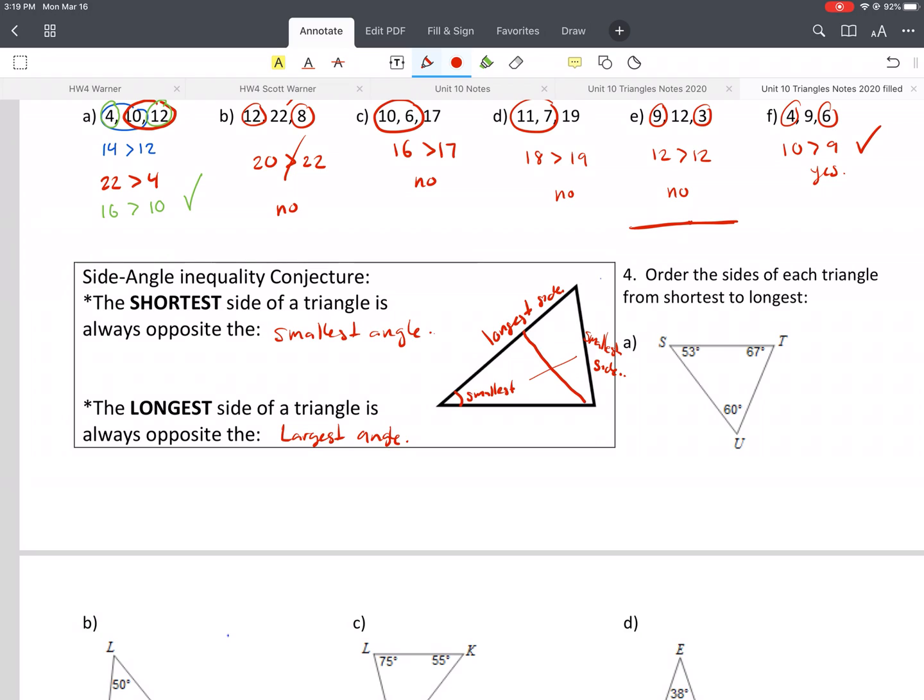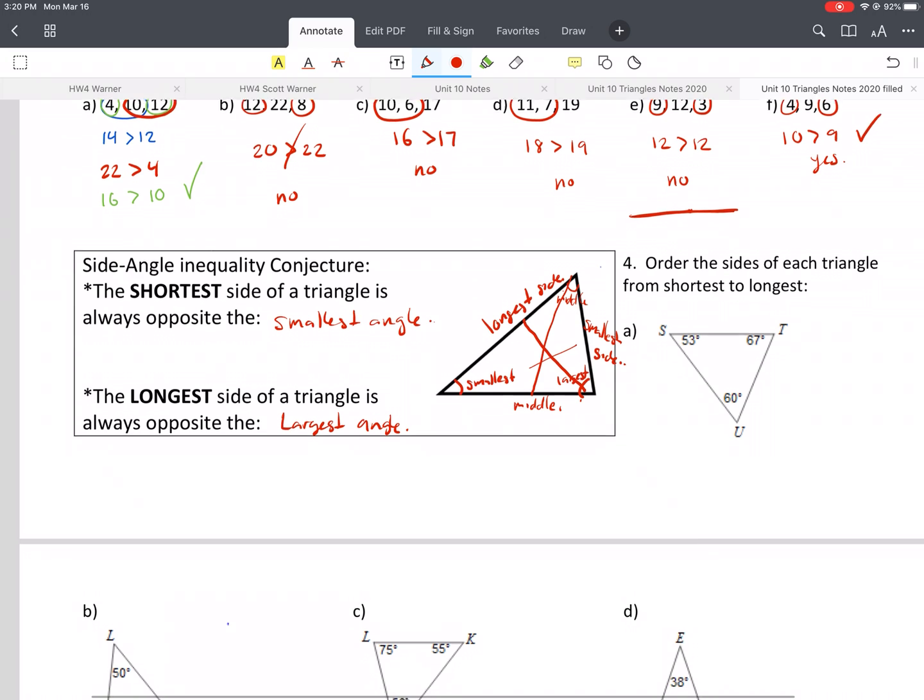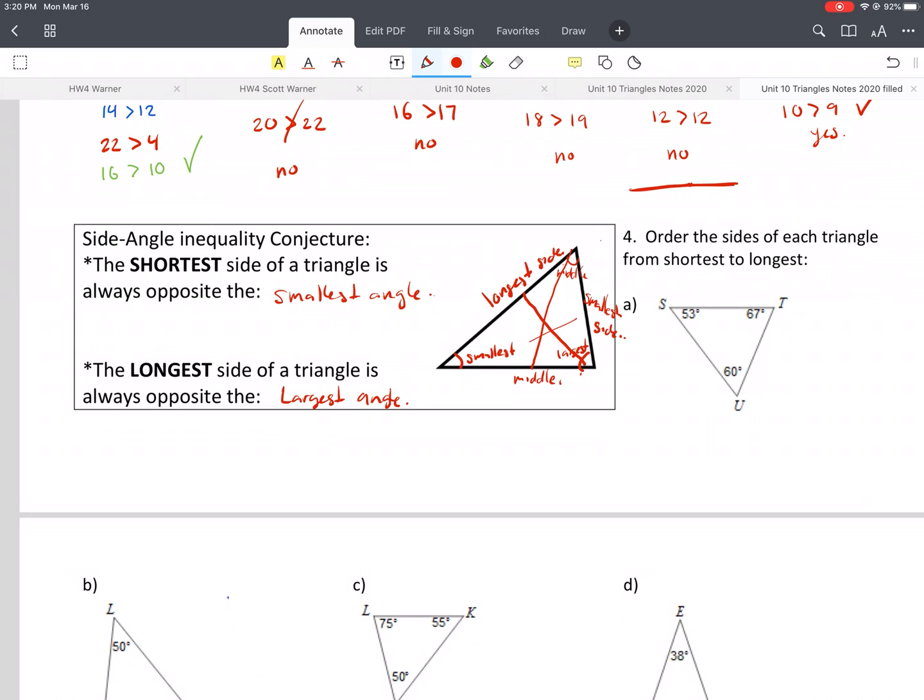Across from there is going to be your largest angle. And the middle side is across from the middle angle. So that's the rule for side angle inequalities.